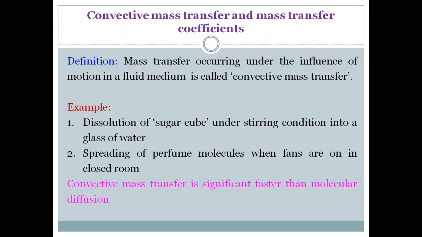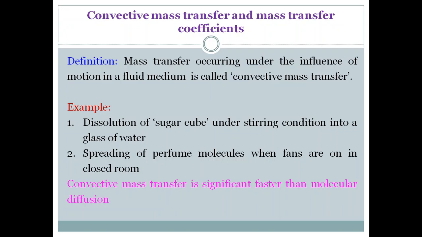That's why I am telling you convective mass transfer is significantly faster than molecular diffusion. That means if mass transfer happens under convective mass transfer mode, then you can separate the molecules in an easier way in a small equipment.